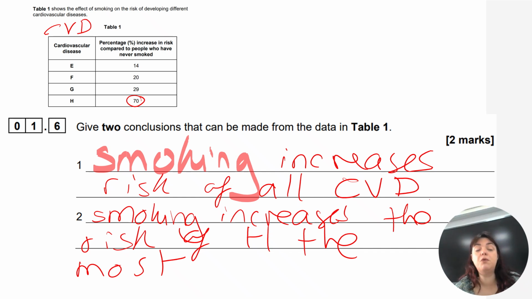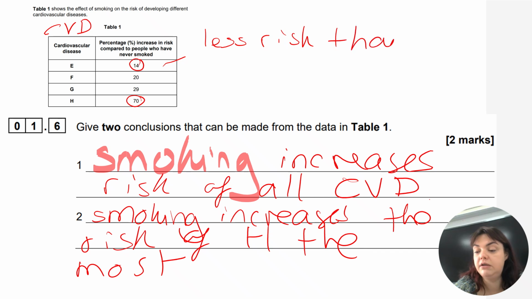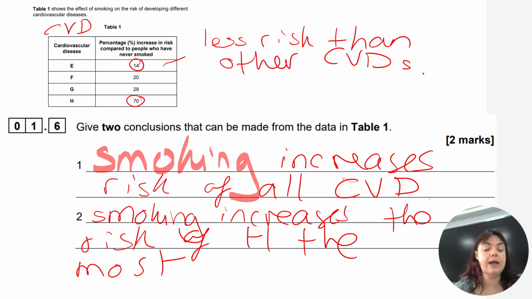Or if you smoke, you are most likely to develop disease H. And then another thing you could say is that smoking increases the risk of having E less than any other cardiovascular disease. So you would say less risk than other cardiovascular diseases.